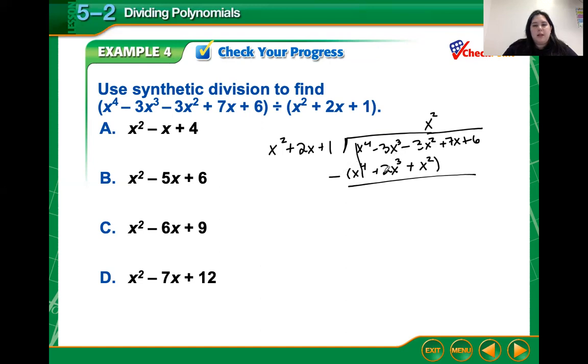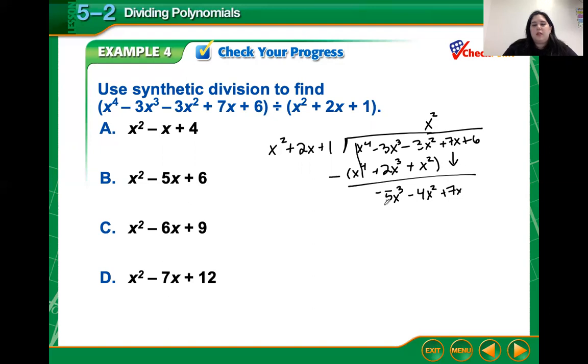Negative 3 minus 2 gets me negative 5, so negative 5x cubed. Negative 3 minus 1 gets me negative 4, so minus 4x squared. We bring down the 7x.